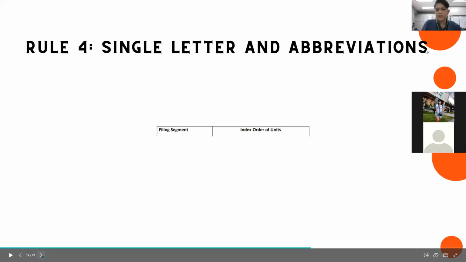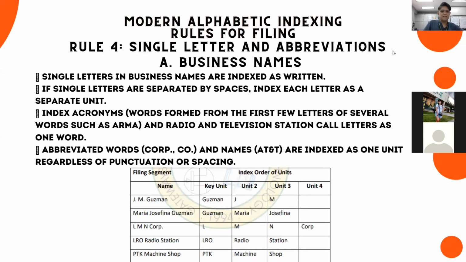Abbreviations like Corp. or Co., and names like AT&T are indexed as one unit regardless of punctuation or spacing. For example, in the filing statement: JM Guzman, Maria Josefina Guzman, LMN Corporation, RRO Registration, and PTK Machine Shop.